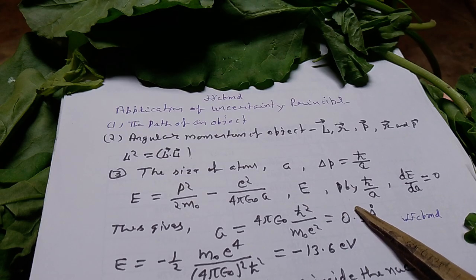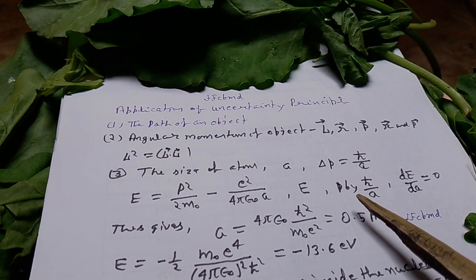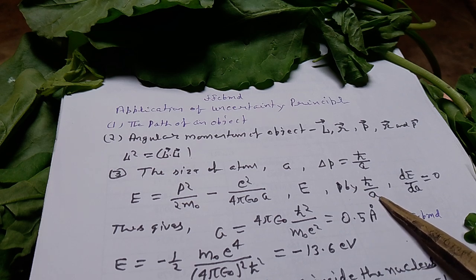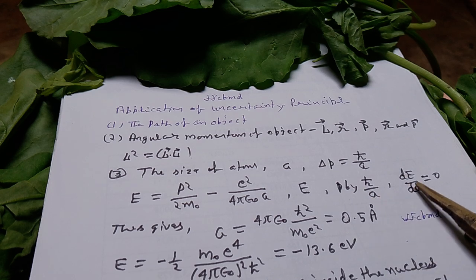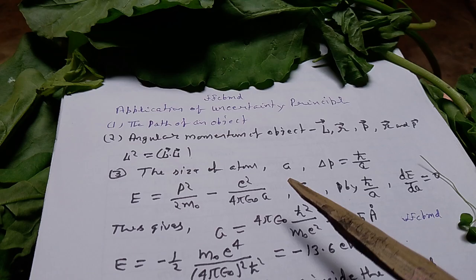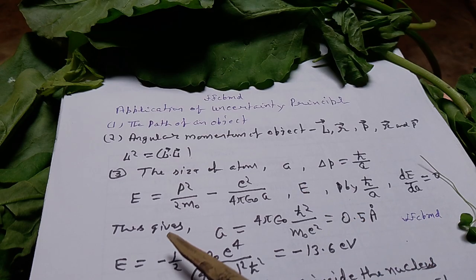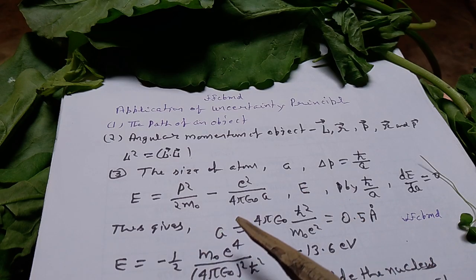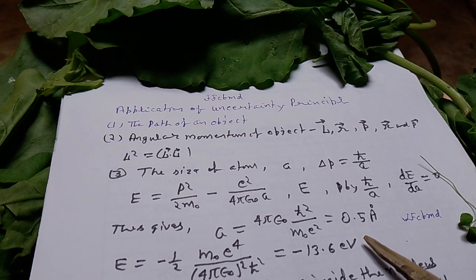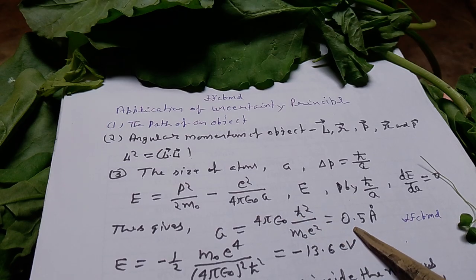Hence, we have to replace P by h cut by A and equate dE by dA to 0. That is, dE by dA equals 0. And from this, we get A equals 4 pi epsilon naught h cut square by m naught e square, equals 0.5 angstrom using all given values.